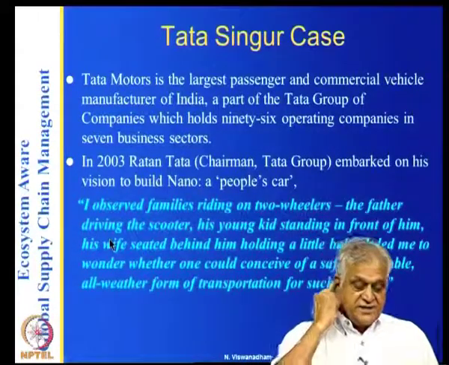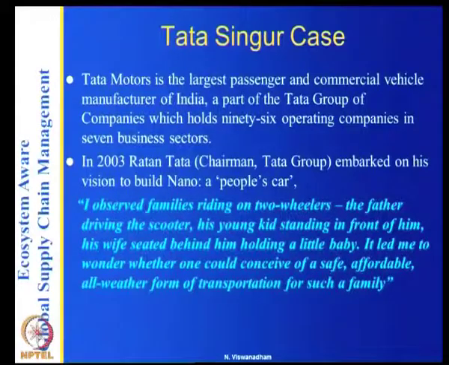He says, I observed families riding on two-wheelers, which is very common in India. The father driving the scooter, his young kid standing in front of him, his wife seated behind him, holding the little baby. It led me to wonder whether one could conceive of a safe, affordable, all-weather form of transportation for such a family.